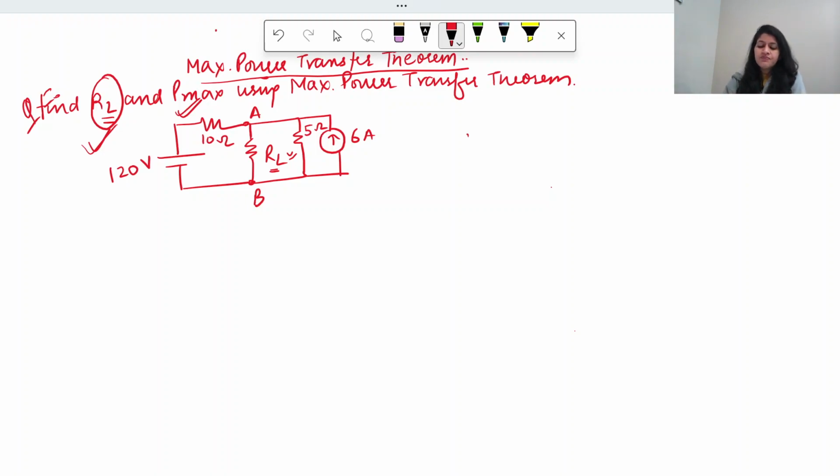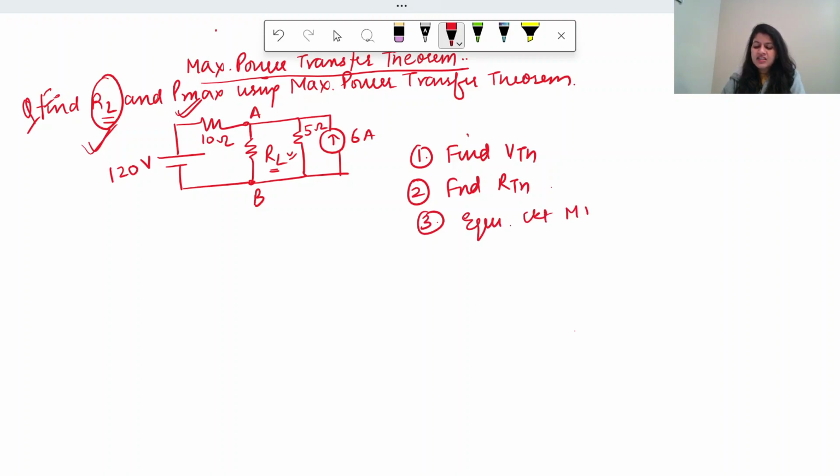Okay, so the three things which you need to remember while calculating the question from this particular theorem is: find the value of VTH, the second thing is find the value of RTH, and third, you will make that equivalent circuit, right? Equivalent circuit for maximum power transfer theorem, right?